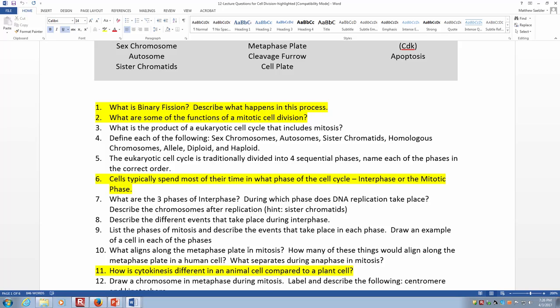Right, during wound healing. Right, in order to produce the multiple cells that make up your body, that requires mitosis. And then what was the last one?